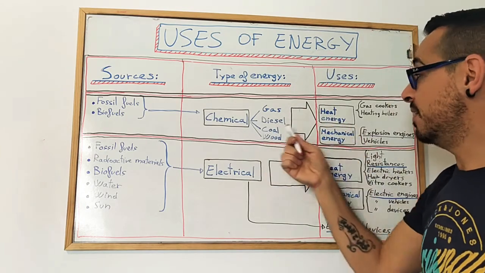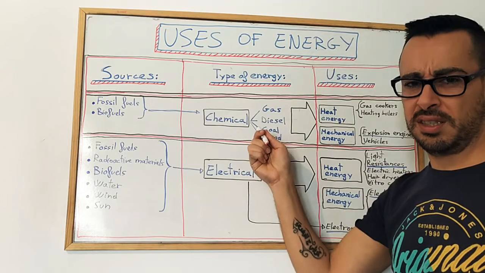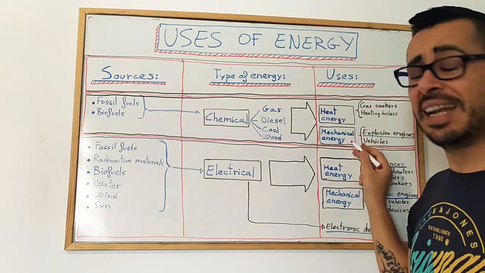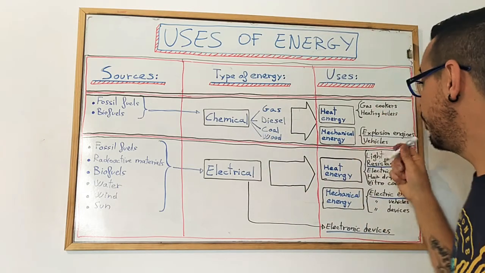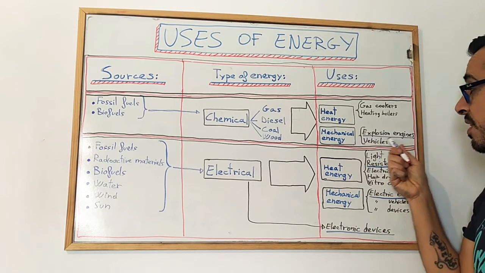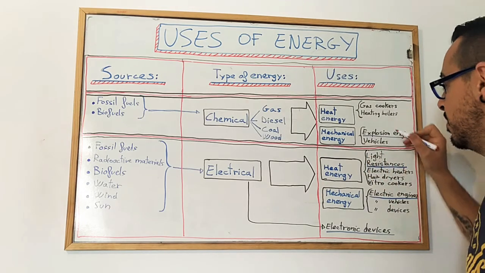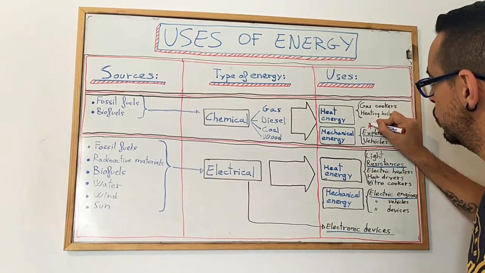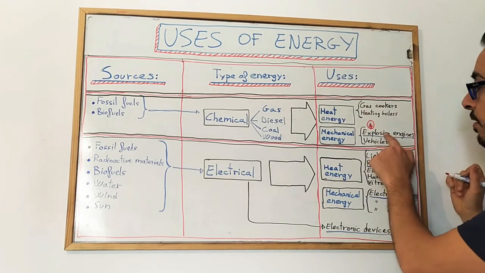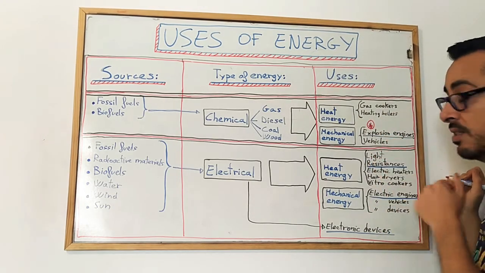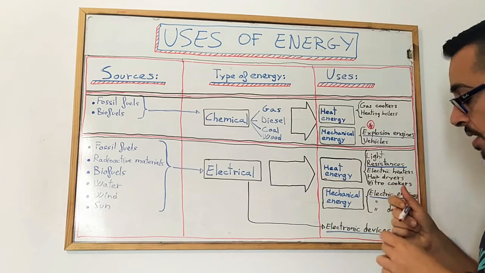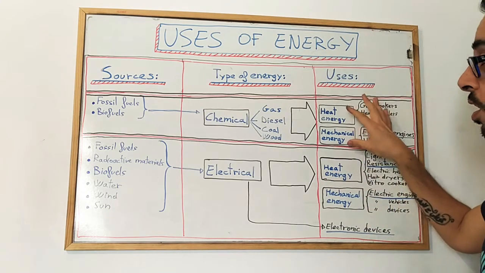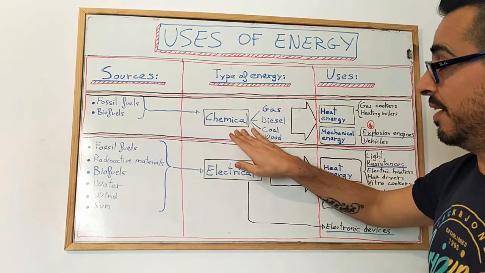But if you burn some of this, you are going to get mechanical energy for the explosion engines and the vehicles. Yes, you are getting it. I'm explaining the explosion engines later. Okay, this is all about chemical energy.